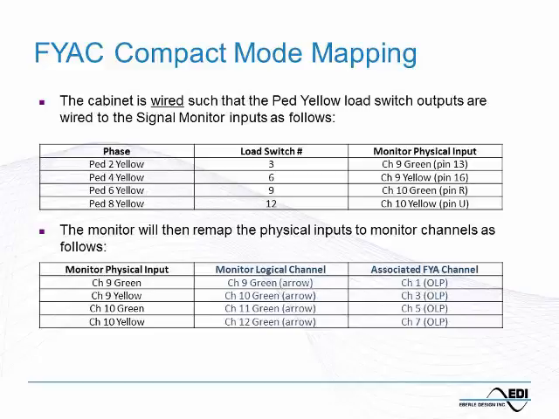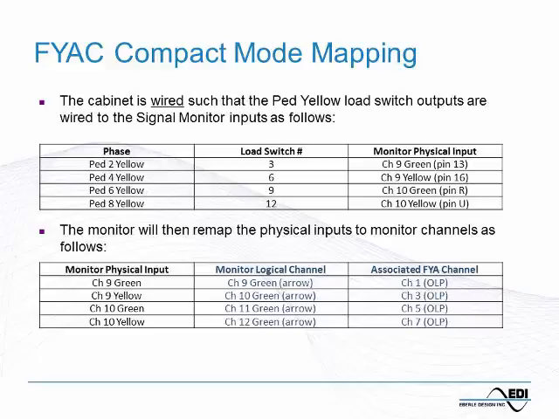I'll point out one other thing, and this bothers a lot of seasoned technicians. In this case, because of the phase to channel assignments, channel 1 and channel 2 are permissive. Channel 1 being the flashing yellow arrow, channel 2 being the opposing through phase.